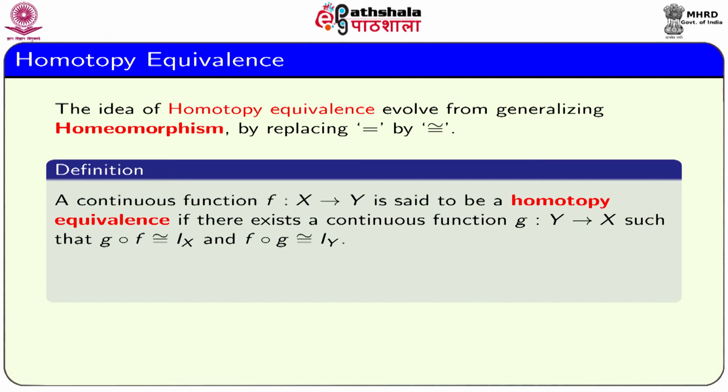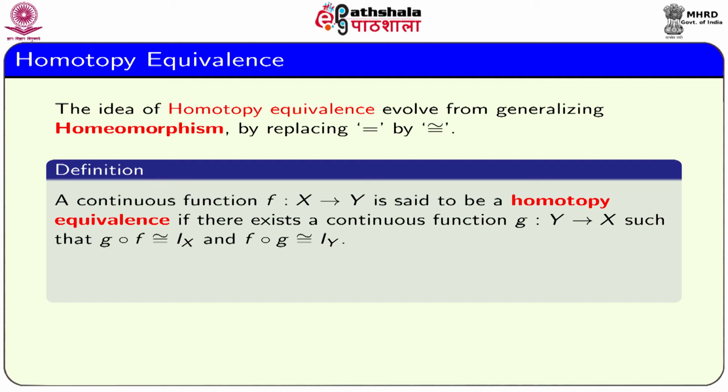So the definition is: a continuous function f from X to Y is said to be a homotopy equivalence if there exists a continuous function g from Y to X such that the composition g composed f is homotopic to the identity on X and f composed g is homotopic to the identity on Y.